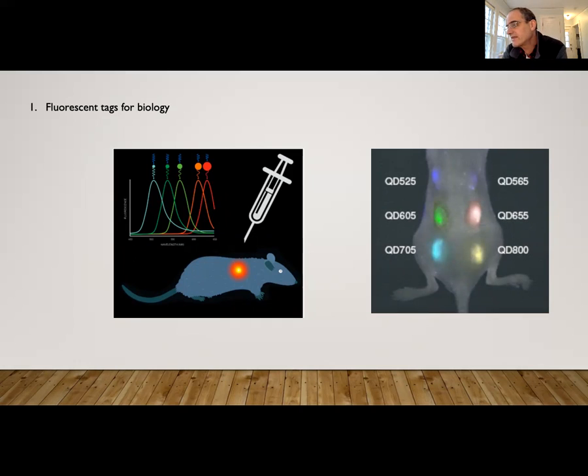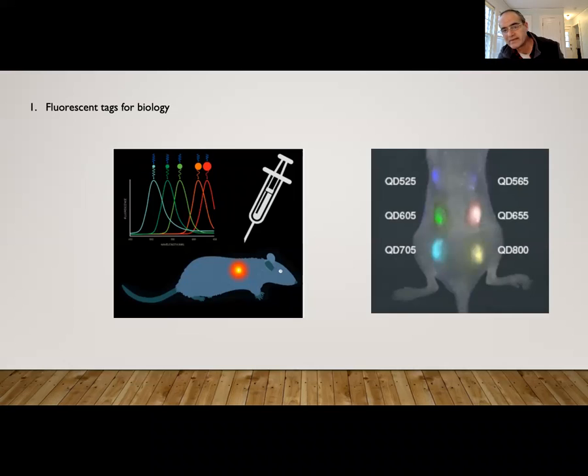The second is that these are very robust. They keep fluorescing basically forever and ever. In contrast, organic dyes, which also can be used as fluorescent tags, break down over time when they're exposed to ultraviolet light or just by interacting with the environment. So semiconductor quantum dots are kind of more useful.